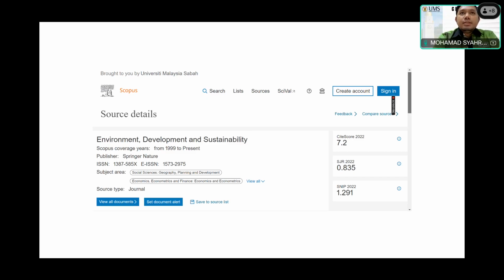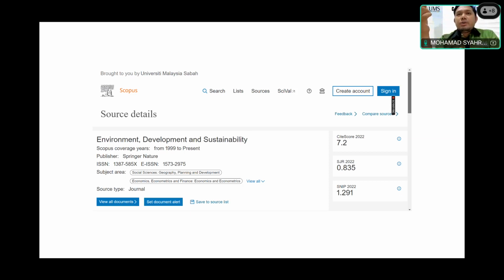Okay. So Environment, Development and Sustainability, you can see the Scopus coverage. Yes, this is very important for you to check because some journals may be banned from the database, so it will state that the coverage is discontinued.